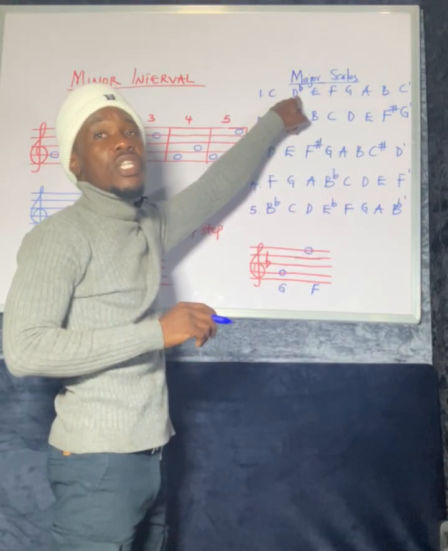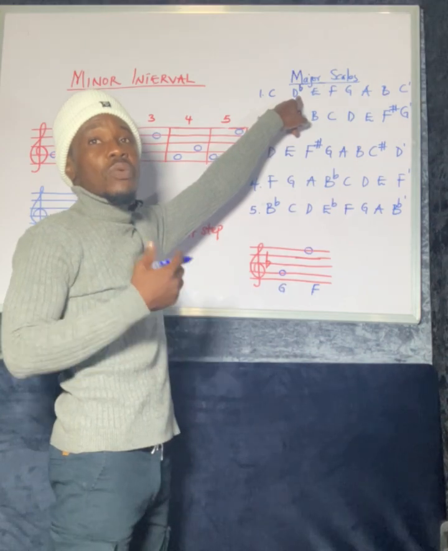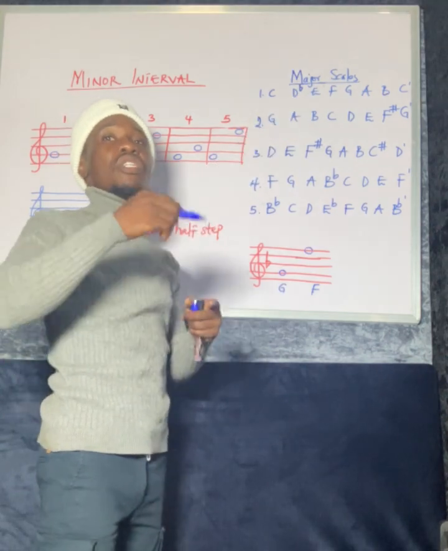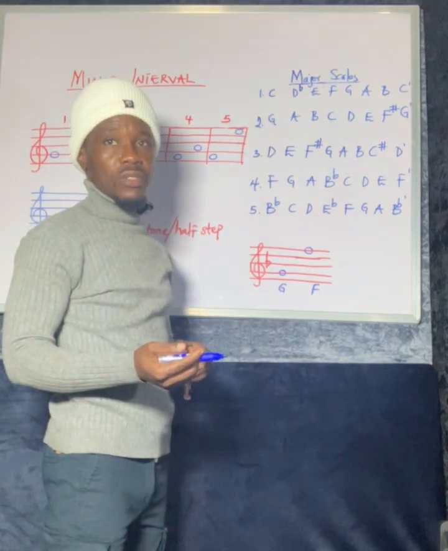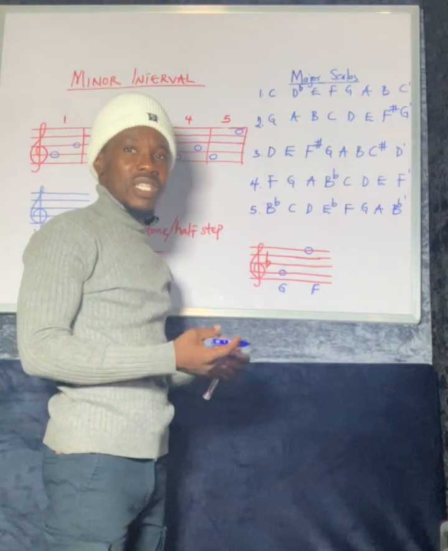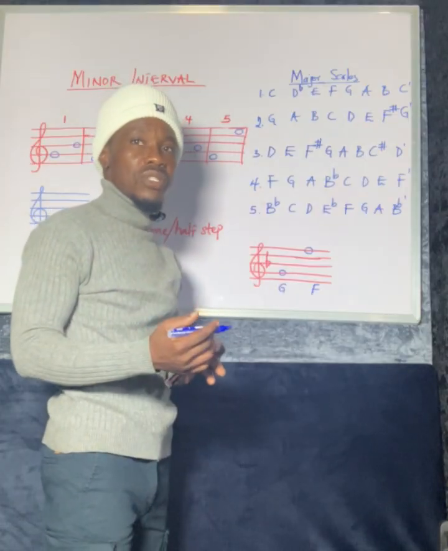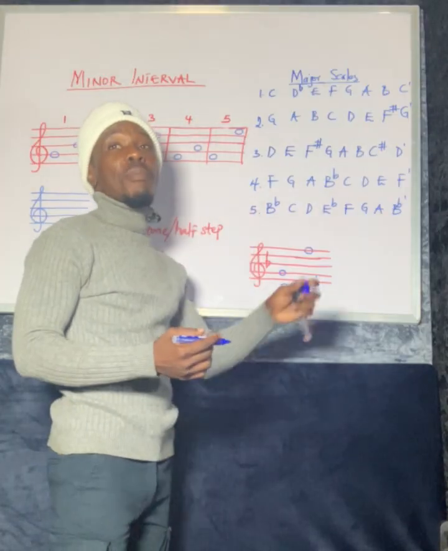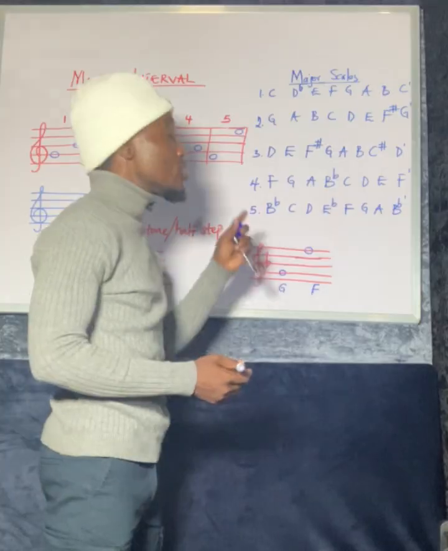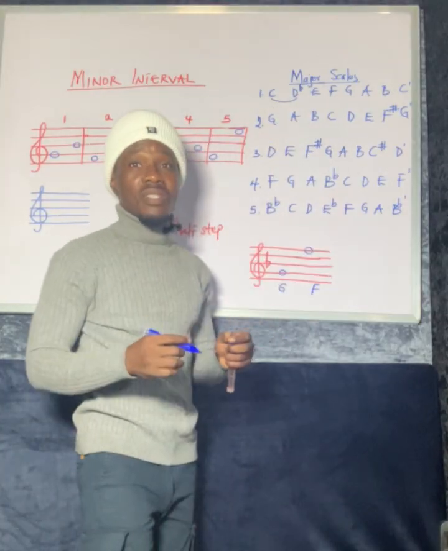So when we reduce a note, we use flat. Flat is used to reduce a note, while sharp is used to increase the pitch of a note. And I said we derive our minor intervals from major. When major is reduced by a semitone, it becomes what? A minor interval. So C to D flat is a minor second.